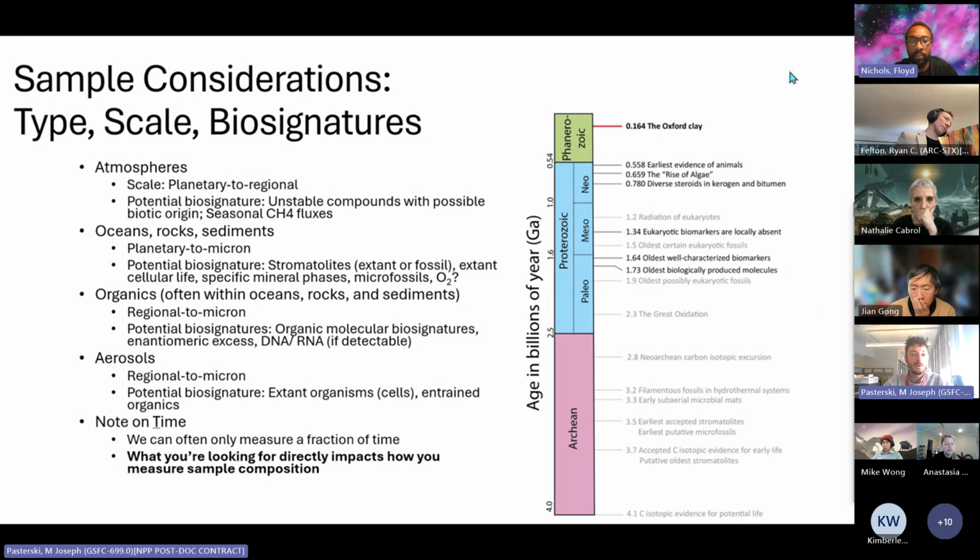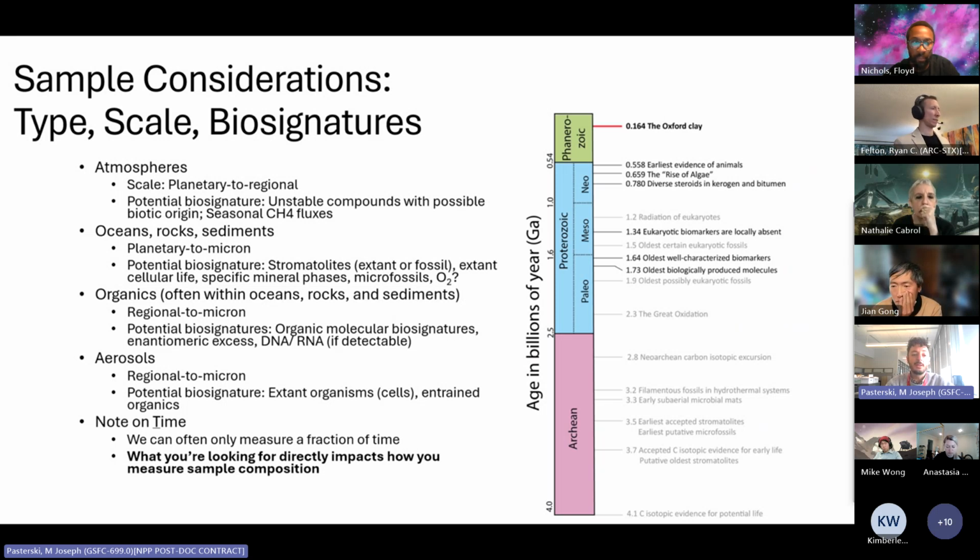First, starting with sample considerations, thinking about type, scale, and potential biosignatures at each scale or sample type. In this general field of astrobiology, we can scale all the way out to atmospheres, so planetary to regional scales, with biosignatures being potentially unstable compounds like isoprene or methane fluxes at specific seasons.